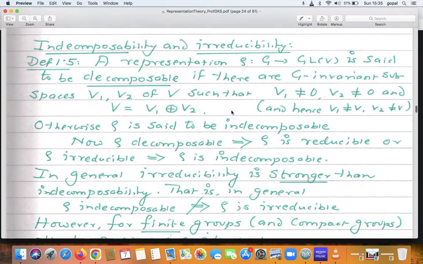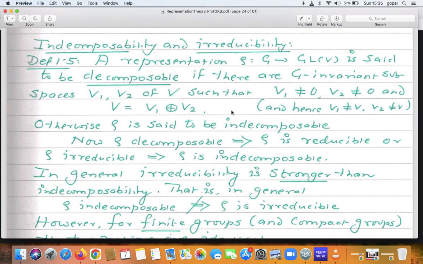Now we'll look at one particular concept which is significant only for non-compact groups, the notion of indecomposability and irreducibility. A representation is said to be decomposable if there are G invariant subspaces V1 and V2 such that V1 and V2 are both proper subspaces, that is, they are both non-zero and neither of them is the whole space V, and V is V1 direct sum V2.